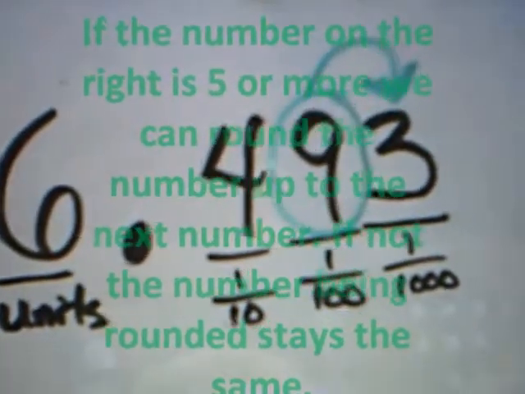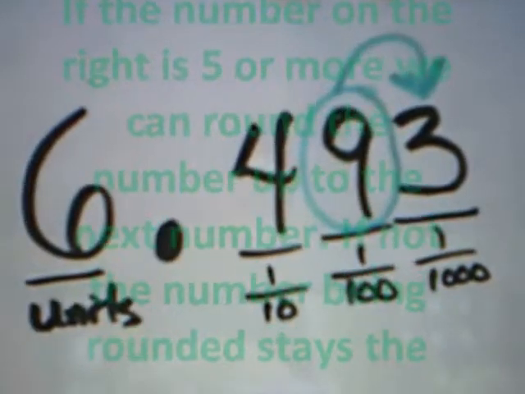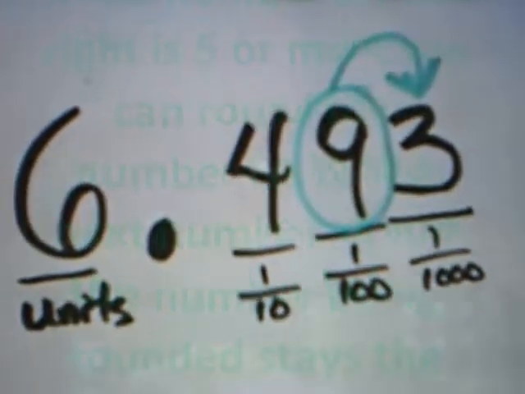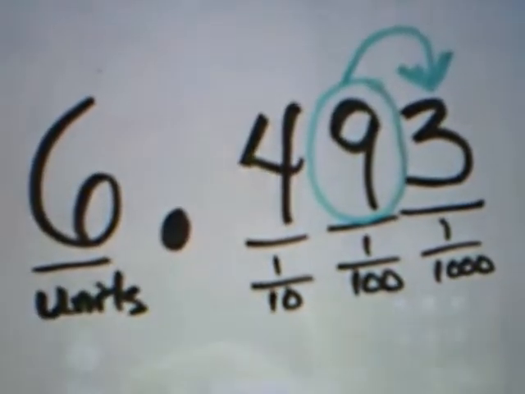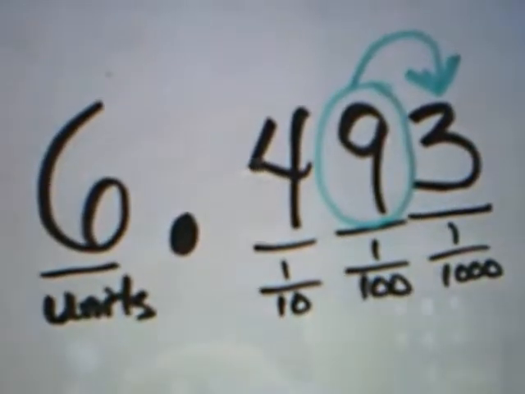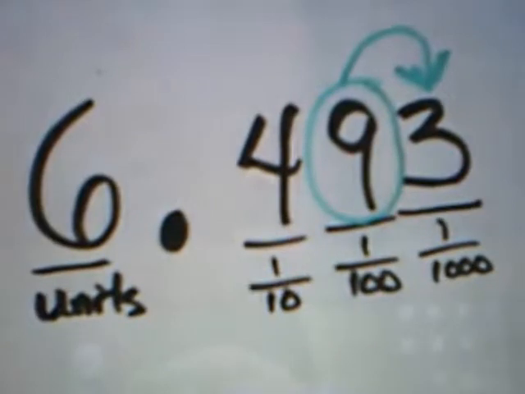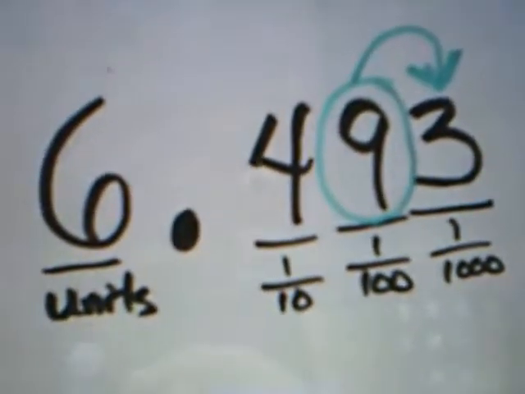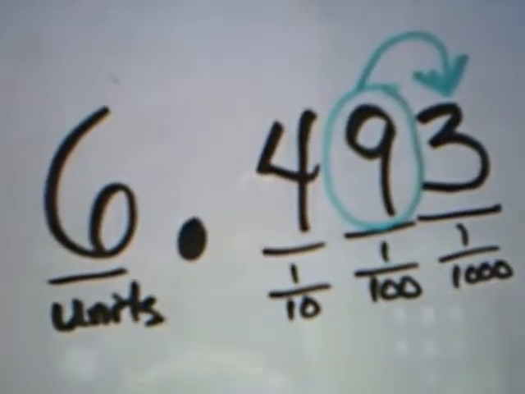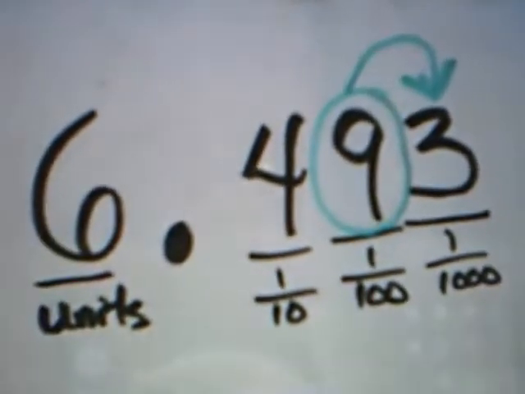And you can take a look here, and you can tell that in 6 and 493 thousandths, the 3 is in the thousandths place. That's going to help us round the 9. Is it 5 or more? The answer is no. So how do we round this?